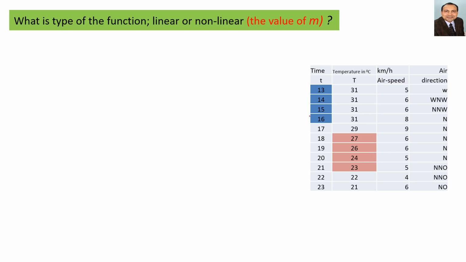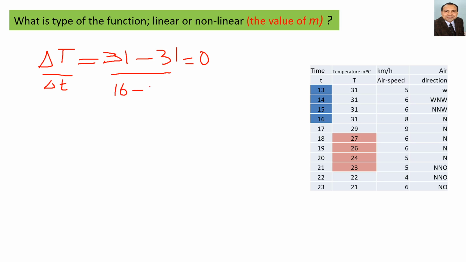So for this interval, you have the temperature change delta T equals 31 minus 31, which equals 0, and the change in time is 16 minus 13, so this is 3. So 0 divided by 3 is 0.